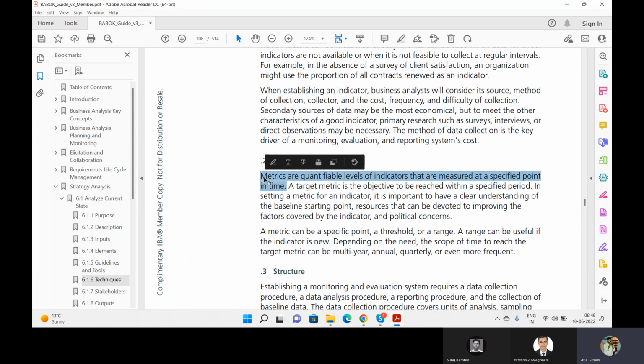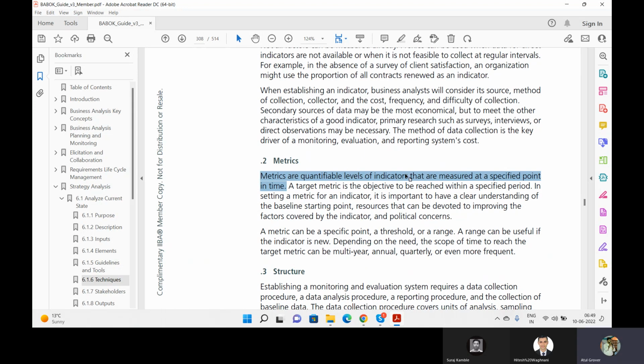But now if I tell you, okay, measure your performance in the BA area on the basis of this training, out of 0 to 5, you can still say, Atul, I'm at 2.5 to 3 now, because I'm measuring a specific point now. Maybe after 5 or 10 days when this batch is over, your score will be 3.5 or 4 somewhere. So metric is a quantifiable level of indicator.